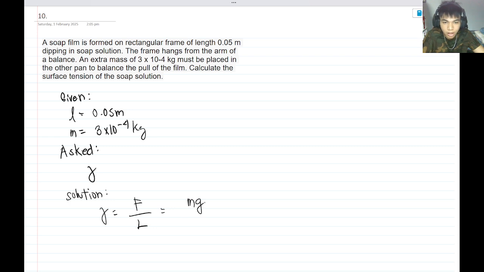mg over the length. But we have to consider na yung soap solution natin is a fluid that, let's say, ito yung soap solution natin. Ayan. Gawin natin ng medyo rounded face. Let's say na nagfo-flow siya. Ayan.